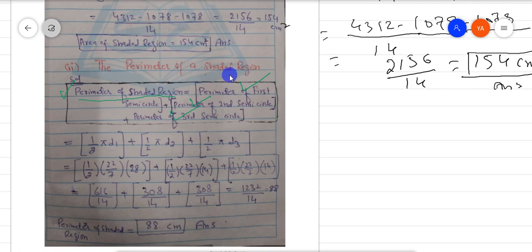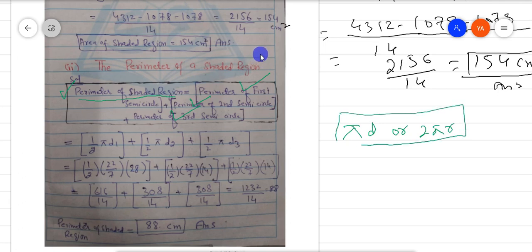So perimeter means the circumference of a circle. The circumference of a circle is equal to pi d or 2 pi r. It means these two formulas are for finding the circumference of a whole circle. Whenever we find the circumference of a semicircle, it will be pi d divided by 2, because we have to find the perimeter of a semicircle, not a whole circle.